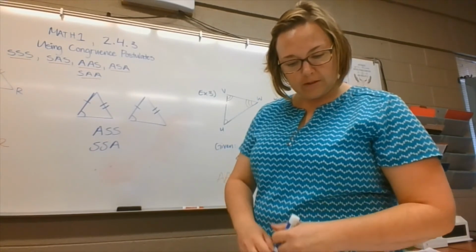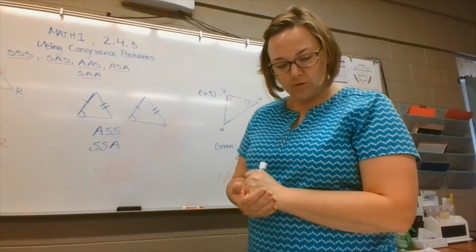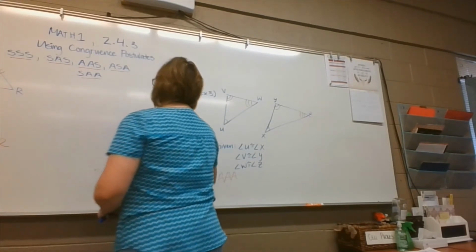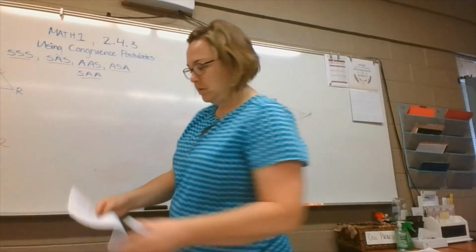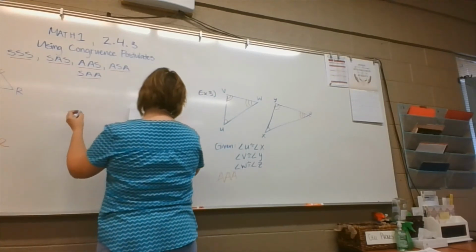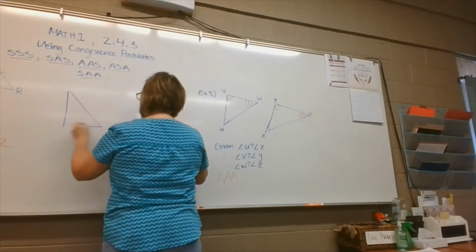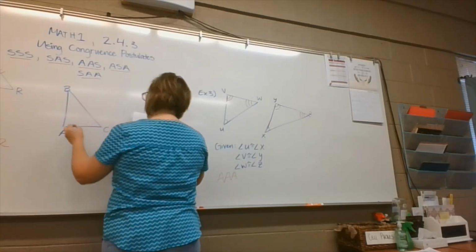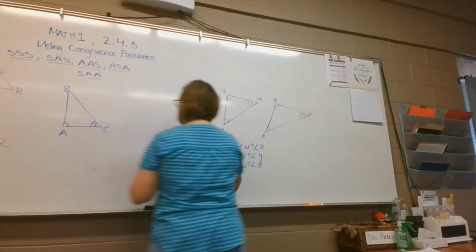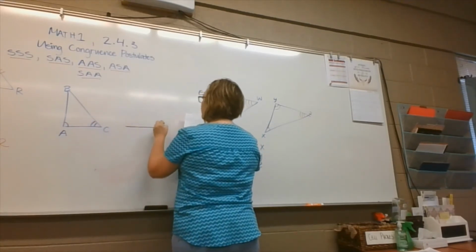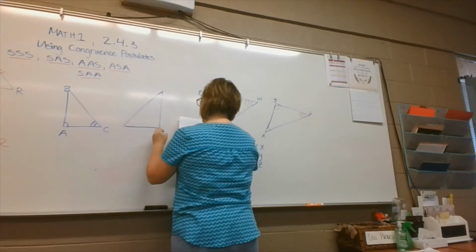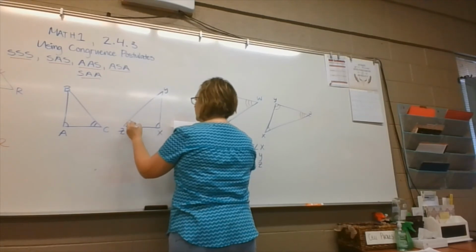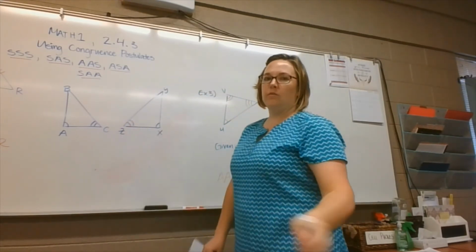Let's look at an example that asks, what's needed to show congruence by angle, side, angle? So I'm going to erase these and draw up a new picture. If you're given two triangles, we have triangle ABC, and we've been given two angles in that to match up with our triangle over here, which is going to be XYZ.